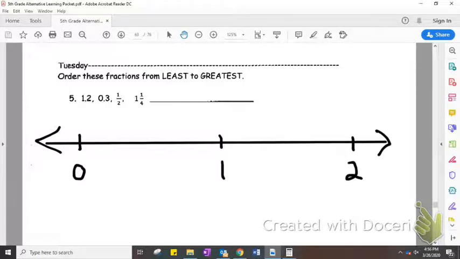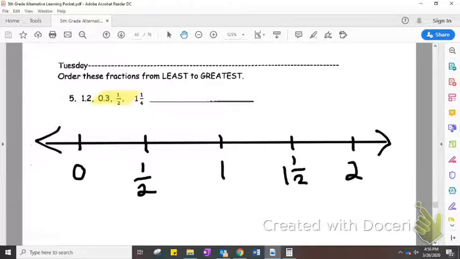Okay, so in between 0 and 1, we'll put 1/2. And in between 1 and 2, we'll put 1 1/2. Okay, so these two numbers here, 1 and 2/10, and 1 1/4, are both greater than a whole. These ones, 3/10 and 1/2, are less than a whole.